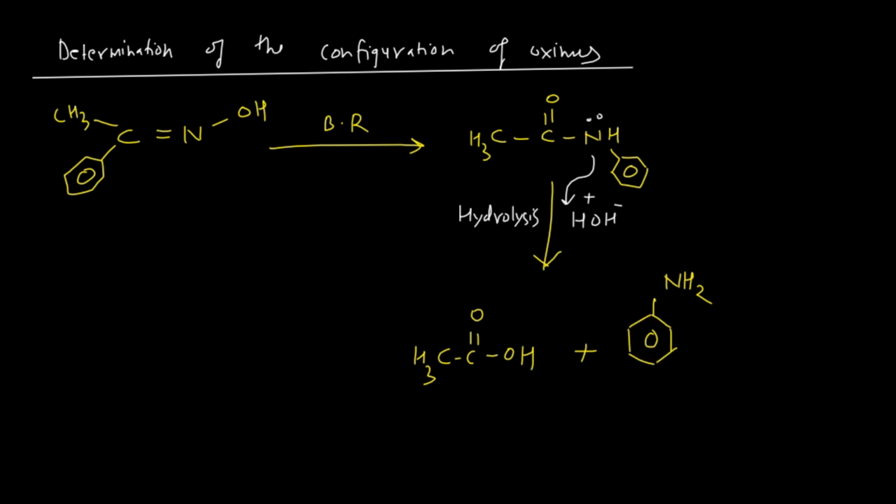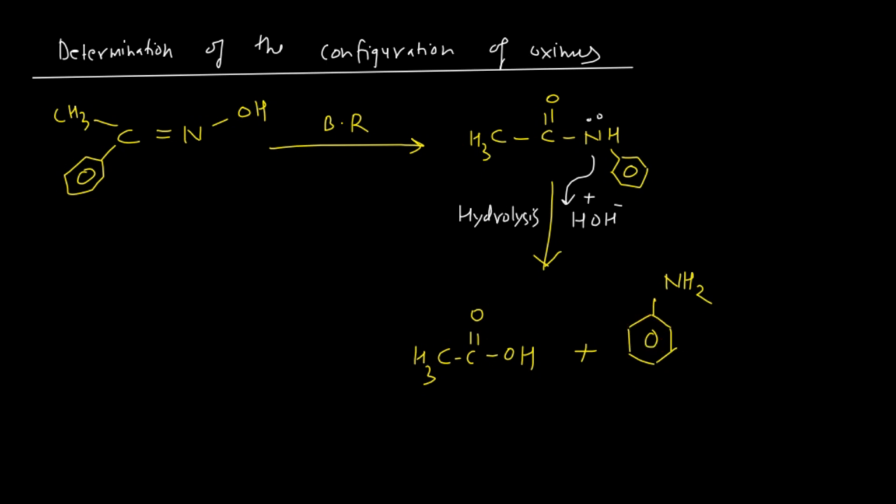Please remember, whenever you hydrolyze any keto-oxime, any N substituted amide, right? When you hydrolyze it, then your amine and acid will result. Amine part, the alkyl group which is present on this nitrogen atom in the amine, that must have the anti-configuration or the anti-relation to the leaving group.